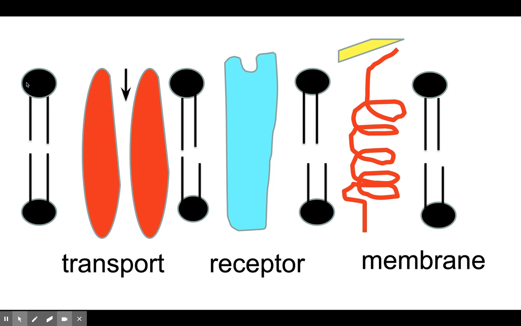This one we'll be able to see because it has the opening of a tunnel. This one has a little indentation, but we can see that it's not all the way down. But then this, it looks a little wiry at the top, but it also has this carbohydrate chain coming off the top. So the membrane protein, the dead giveaway for that is going to be that it has a carbohydrate chain coming off.